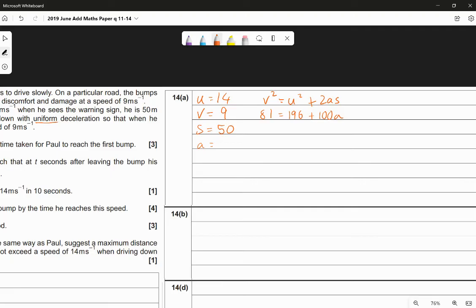Then if we subtract 196 and divide by 100, we get negative 1.15 for A. So the value of A is minus 1.15 meters per second per second. So he is decelerating at a rate of 1.15 meters per second every second, reducing his speed by 1.15 meters per second every second.